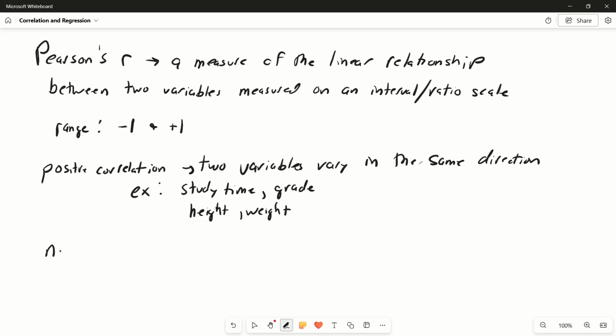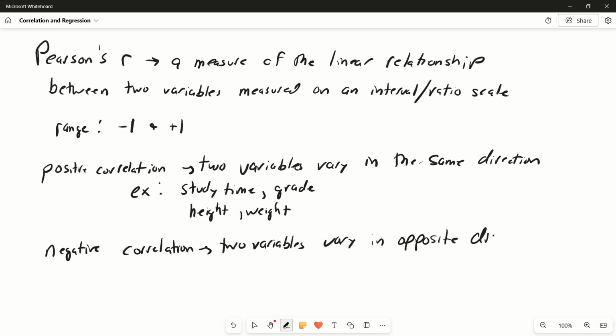Then we have a negative correlation. This is all related to Pearson R, where the two variables vary in opposite directions. So these are when two variables go in opposite directions.